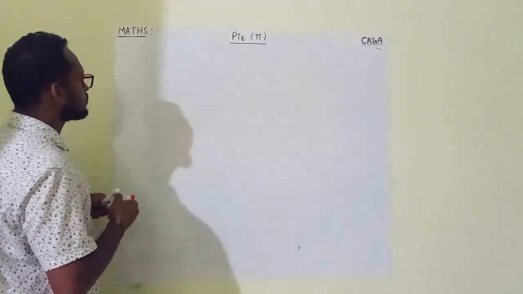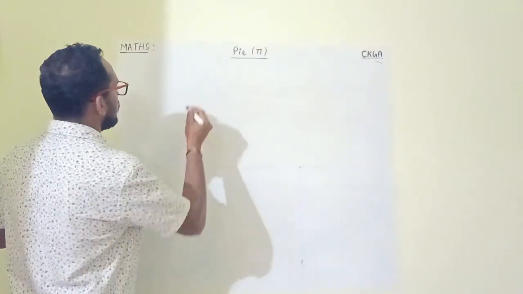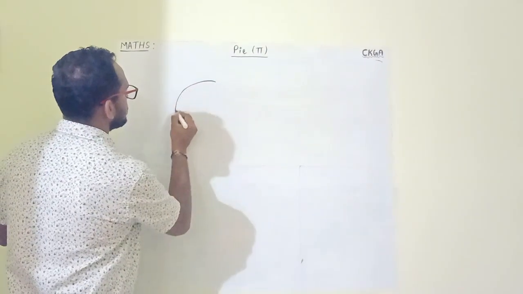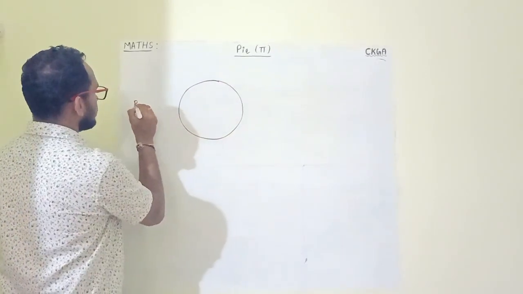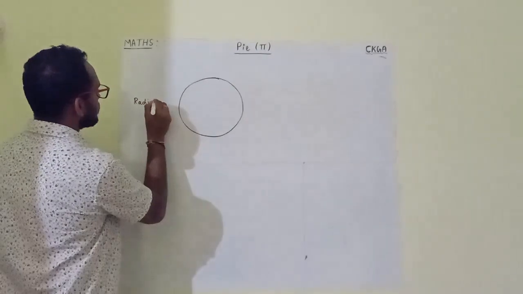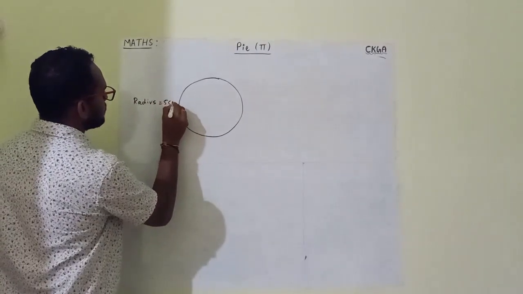Now let me draw a circle of radius 5 centimeter. So imagine there's a circle of radius 5 centimeter.